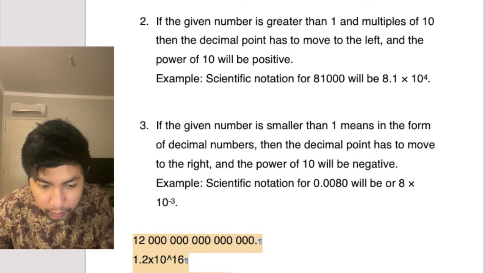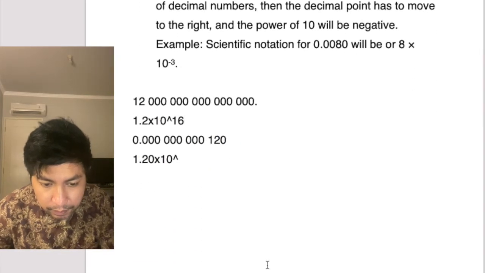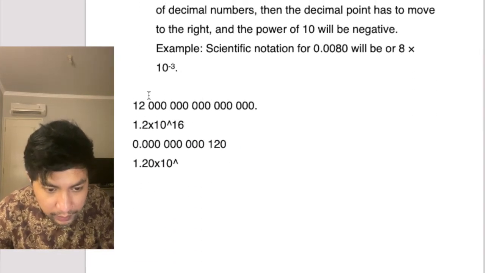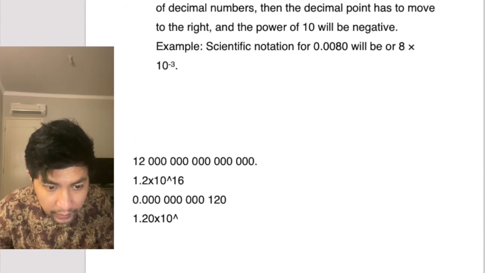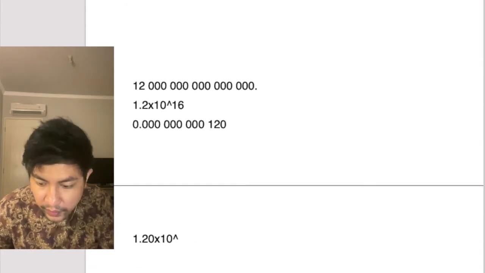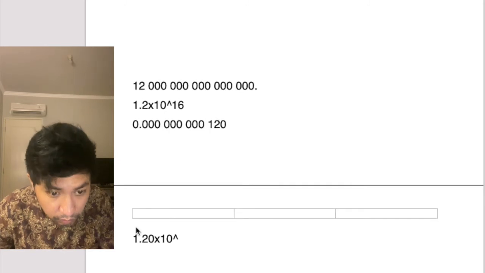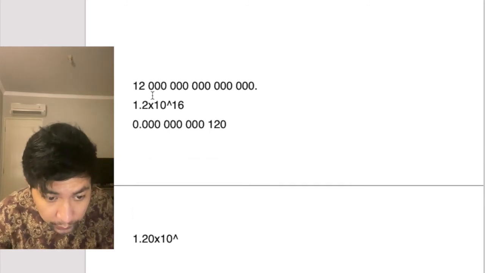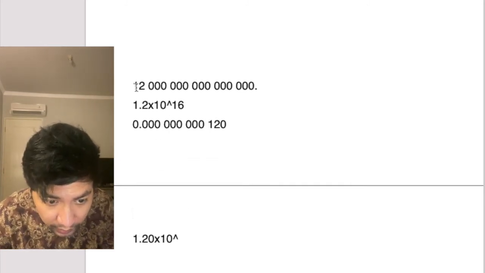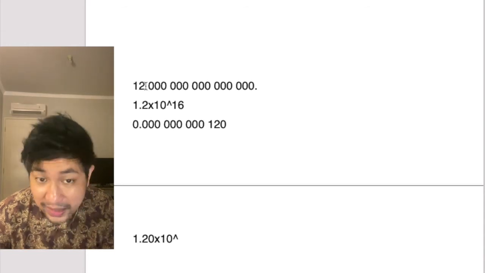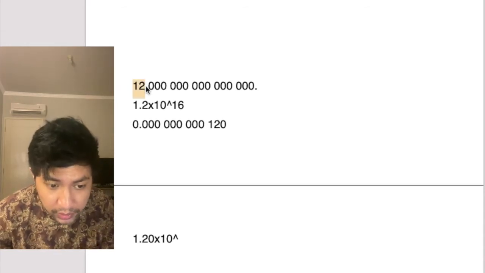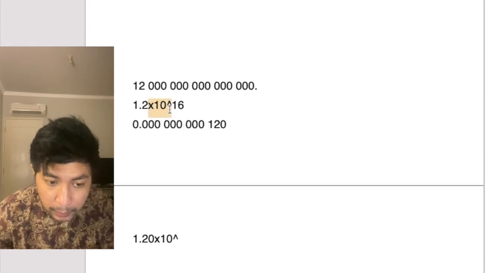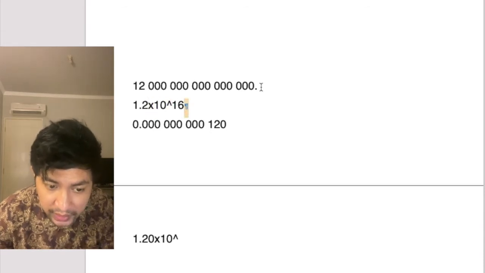Let's have more examples. How do we write this number? First, count how many significant figures there are. You need this 2 only. So I write the mantissa, which is a whole number, followed by a decimal point and the significant figure, times 10 raised to how many times I moved it.